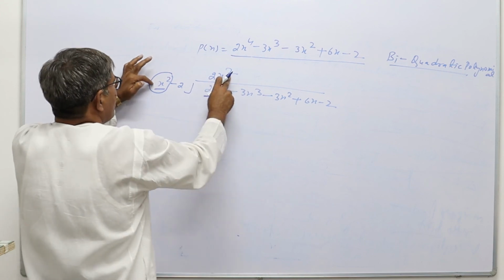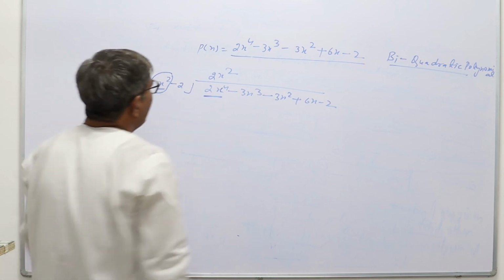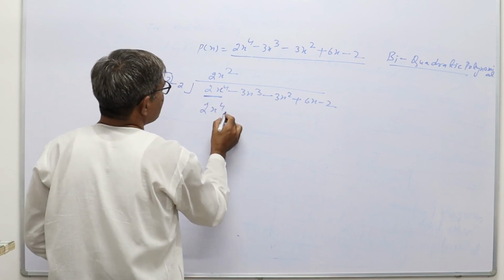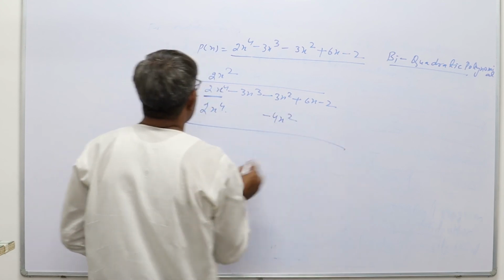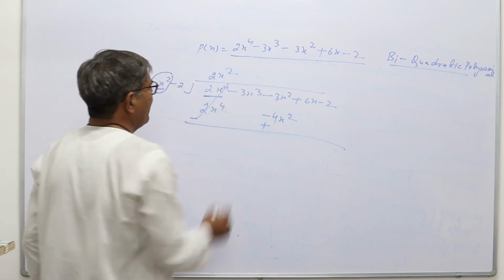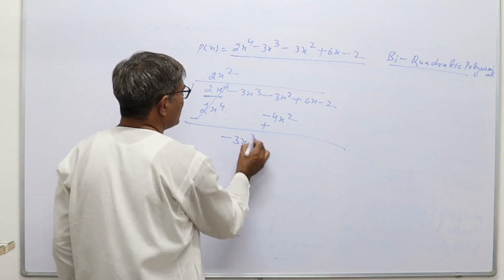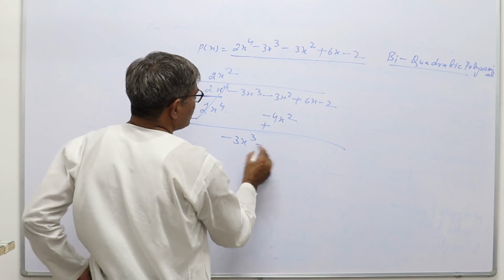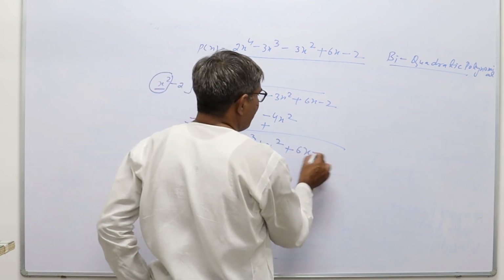So 2x square into x square will be 2x power 4, and 2x square into minus 2 gives minus 4x square. Subtract, so change the sign, minus plus. It will cancel out. So the highest degree term again, minus 3x cube, minus 3x square plus 4x square, so plus x square, plus 6x minus 2.